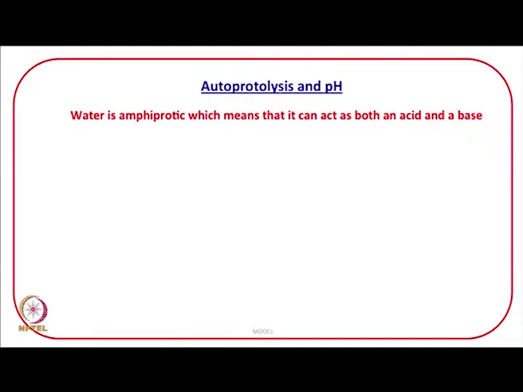Let us take a look at the slide. Water is an amphiprotic solvent or amphiprotic molecule, which means that it can act as both an acid and a base.